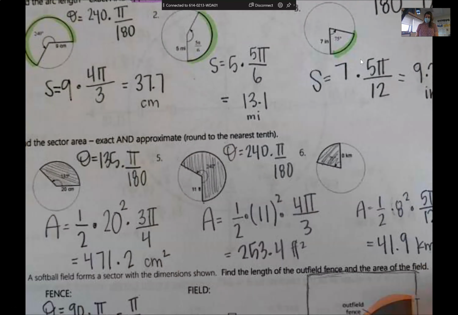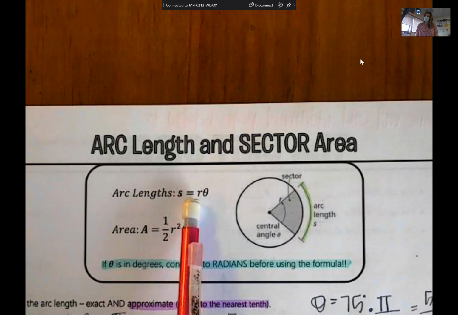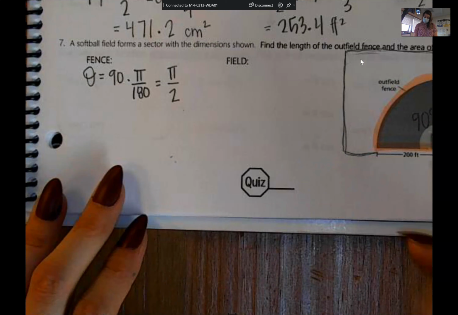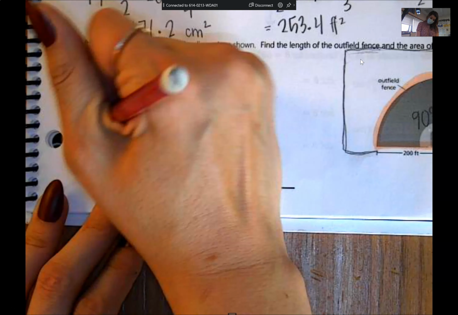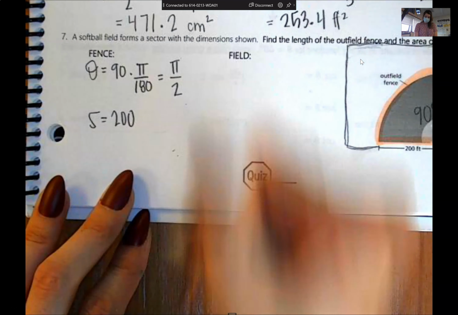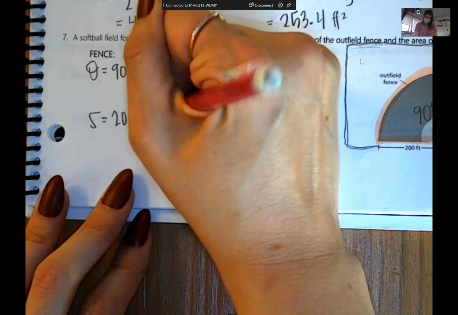And then I'm going to remind myself what the length formula is. It's just radius times my angle. So radius here is 200. Theta is pi over 2.